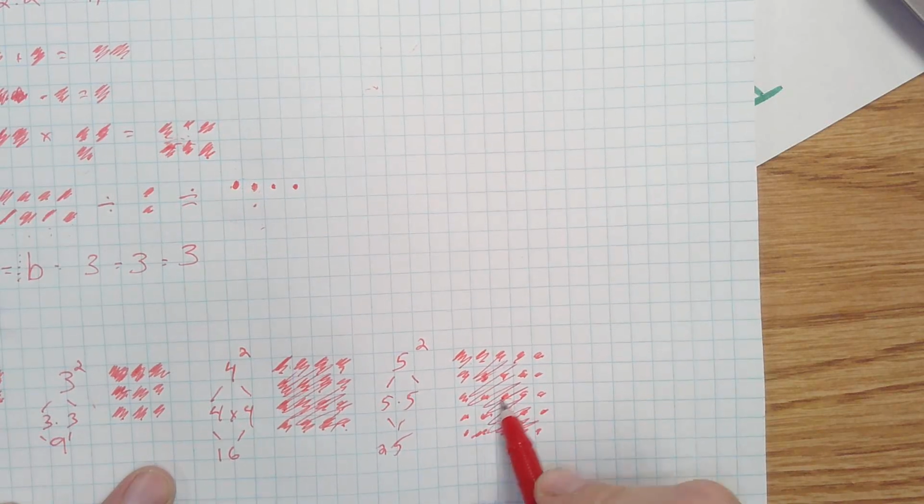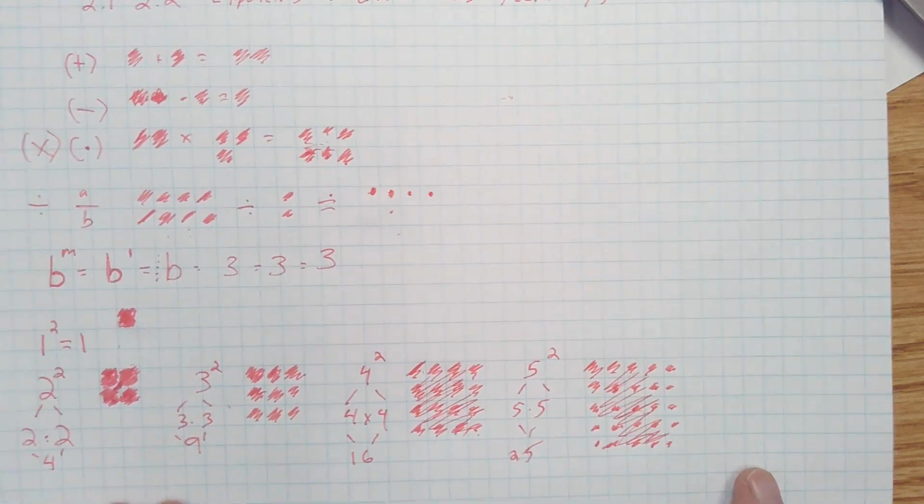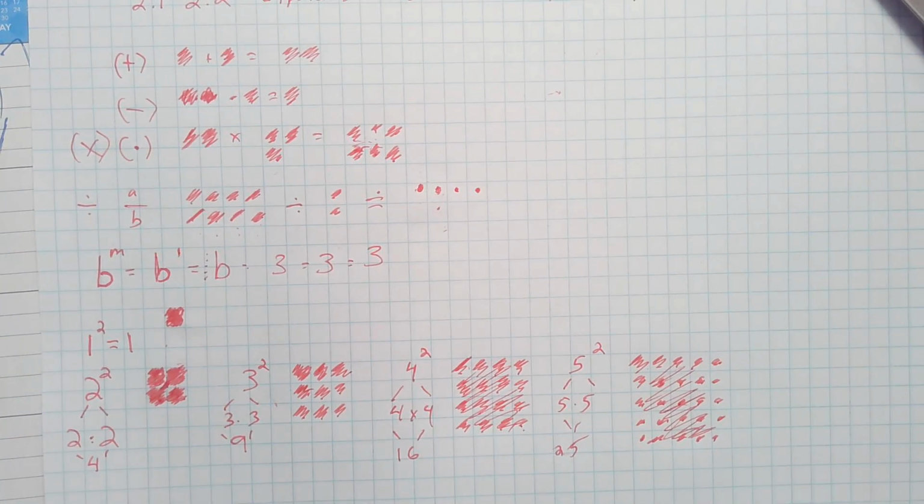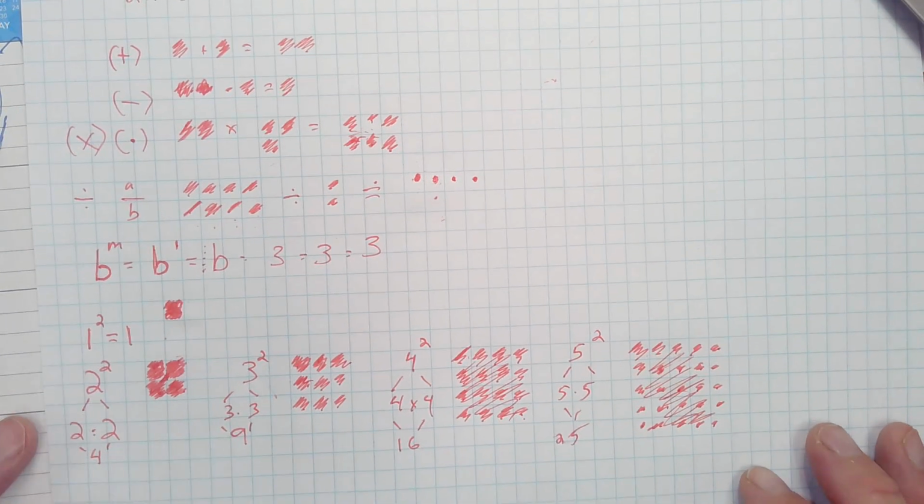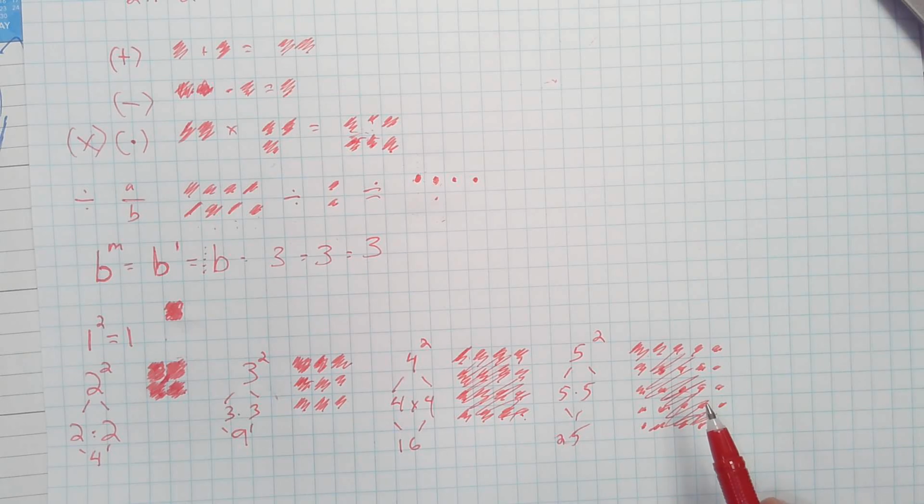Right? These are all perfect squares, and this pattern would continue infinitely, because I can square any number.